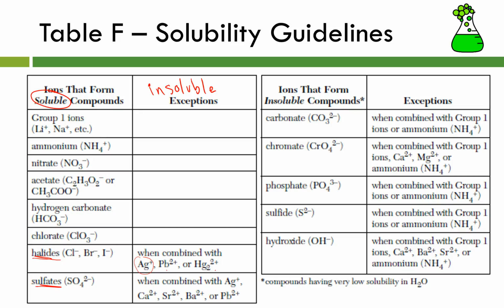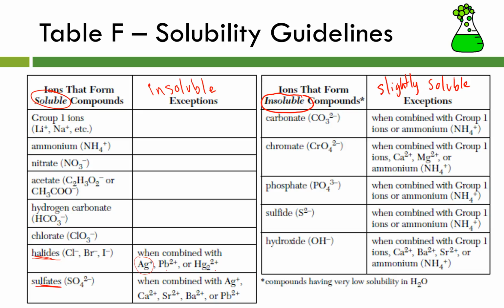On the other side of the chart, we have ions that form insoluble compounds. So these are generally ions that are going to form compounds that do not dissolve in water. Carbonates, chromates, phosphates, sulfides, hydroxides tend not to dissolve in water, unless there are exceptions, which are slightly soluble. So for example, carbonates tend not to dissolve in water unless you combine them with a group 1 ion.